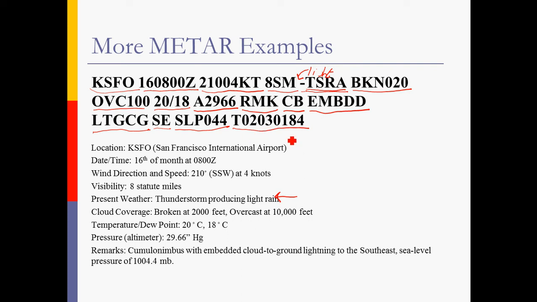And the first 4 are about temperature, and the last 4 are about dew point. And the first number to the right of the T tells you if temperature is positive or negative. 0 means positive, while 1 means negative.